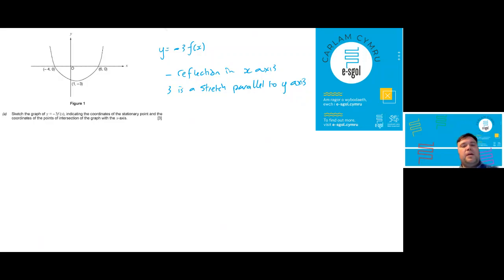And then once you flipped it, you're going to multiply all of the y values by a factor of 3. So it's going to be down like so. It's still going to cross at minus 4 and 6. But this time, the maxima is going to be up here somewhere. So it's going to look more like so.